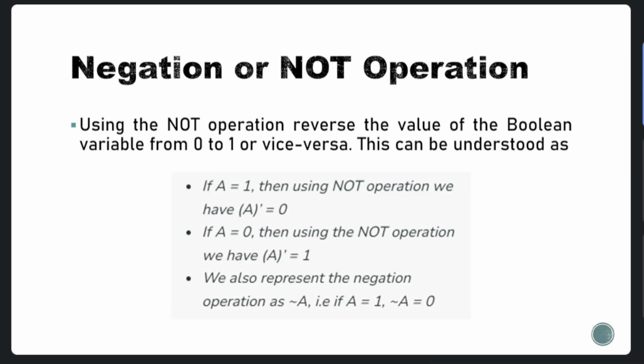We also represent the negation operation as A dash. For example, if A is equal to 1, then A dash is equal to 0. So yun po si that operation, 0 to 1, 1 to 0. Kapag na-convert mo siya to 1 or 0, dapat meron na siyang bar or representation na dash.